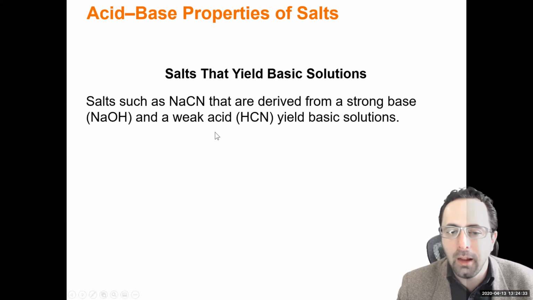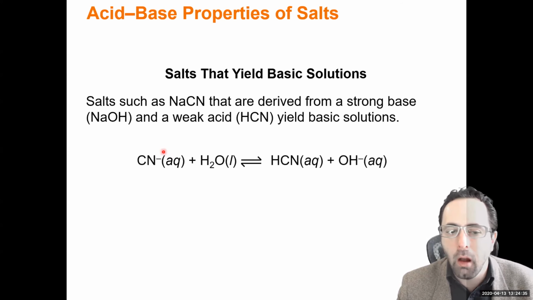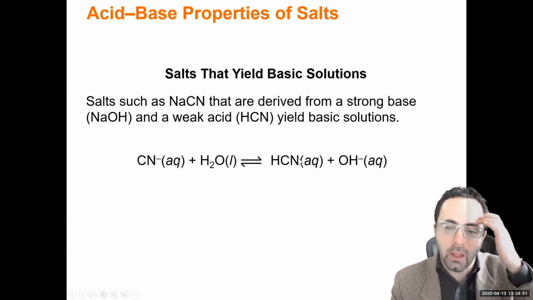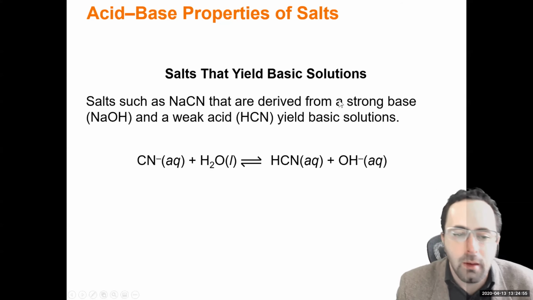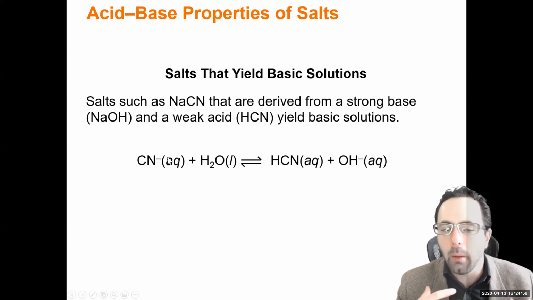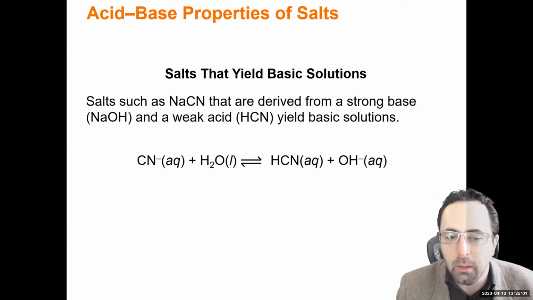But cyanide ion is the conjugate base of the weak acid hydrocyanic acid. HCN is a weak acid, which means some of it will give up its proton, but some of it will stay with the proton. That means that because HCN is a weak acid and hangs on to its protons to some extent, cyanide ion, its conjugate base, is willing to grab some protons and behave like a base.